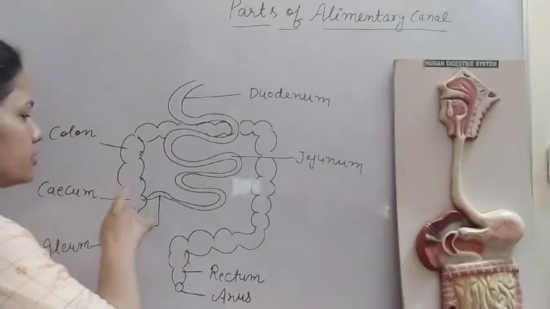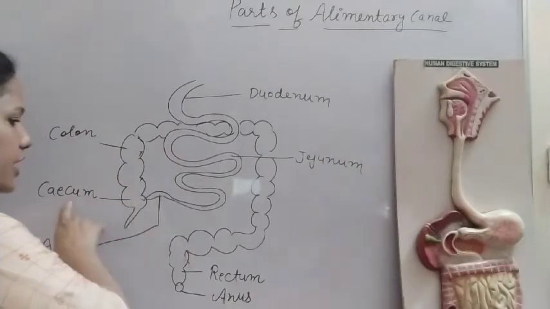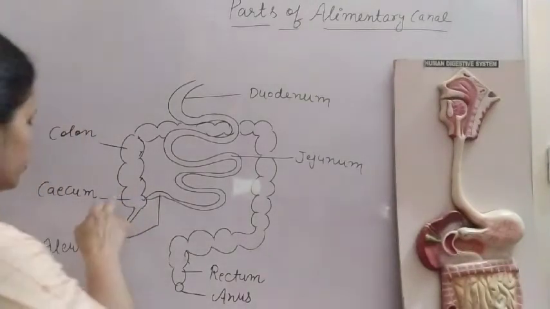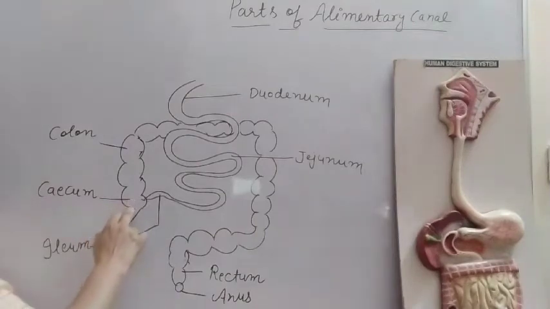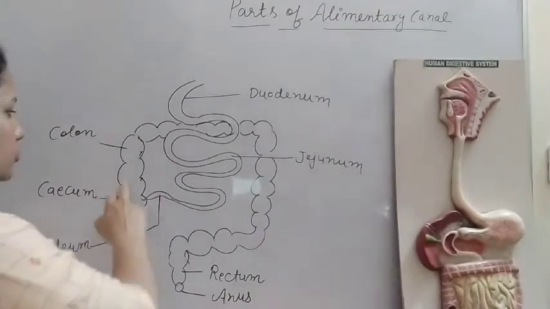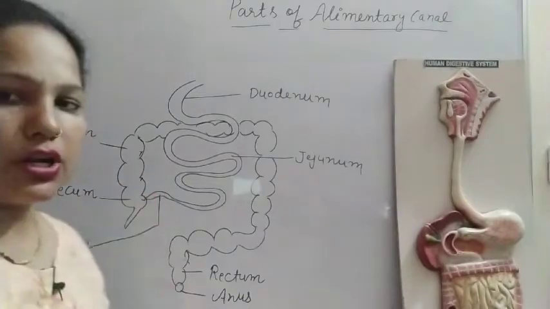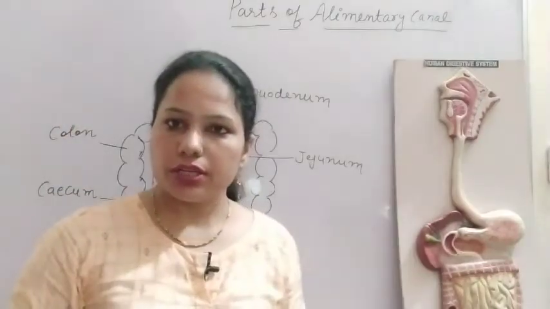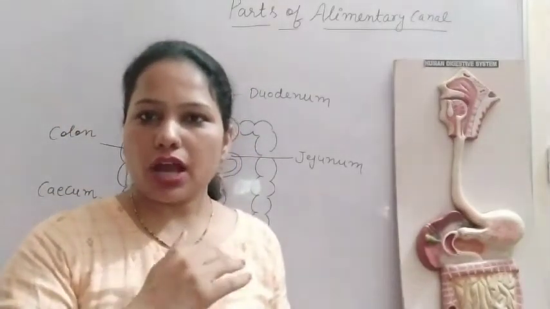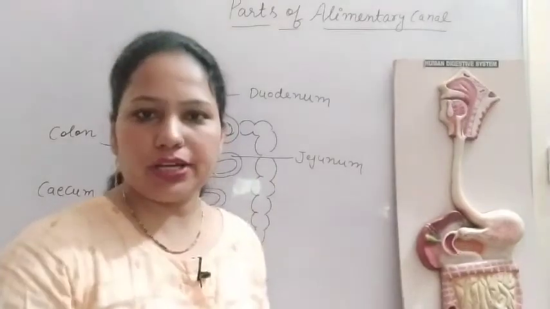Then the first part of the large intestine is the cecum. This cecum opens into a blind sac structure, and this blind sac structure is the appendix. Then the colon part, and the colon is divided into three: the ascending colon, transverse colon and descending colon.